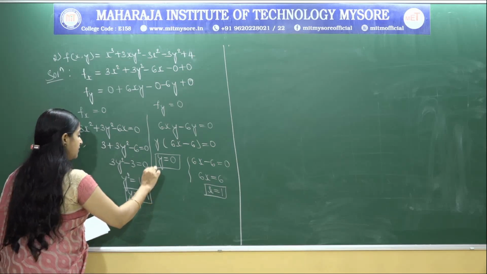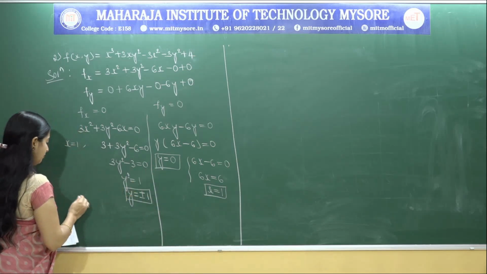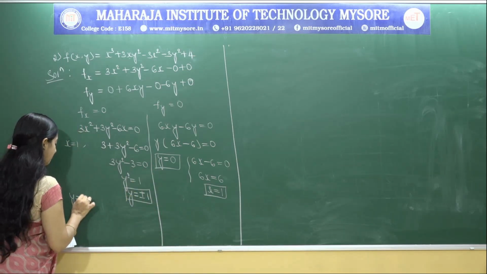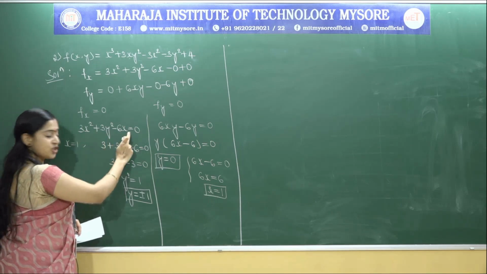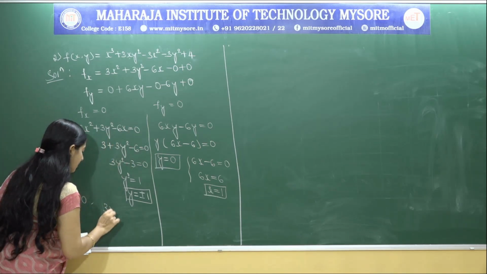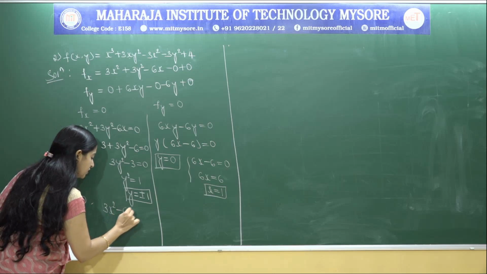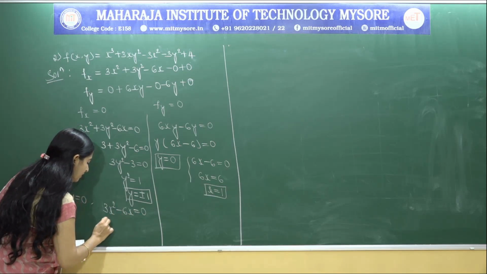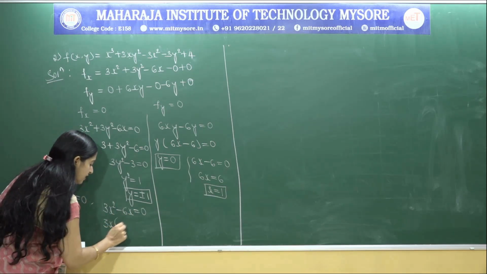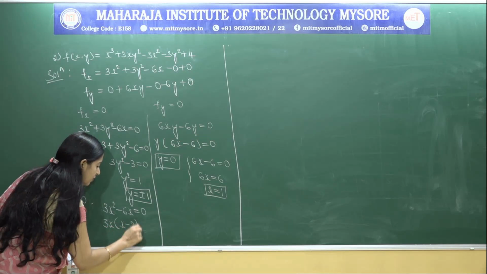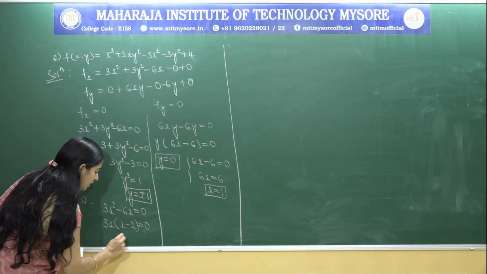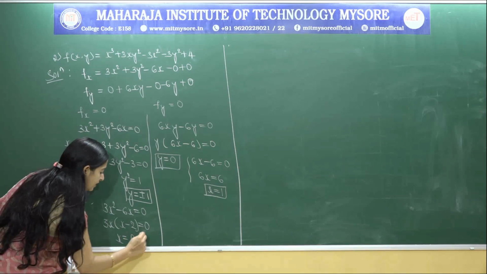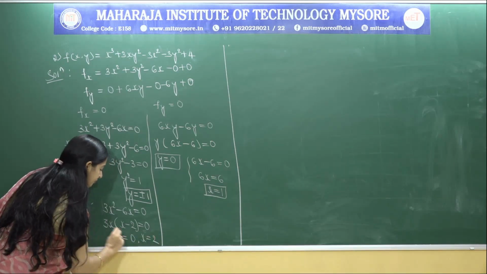In the same way, take the second term, put y equals 0. In the first expression, you will get 3x square minus 6x equals 0. Taking 3x outside, you get x minus 2 equals 0. So you got x equals 0 and x equals 2.